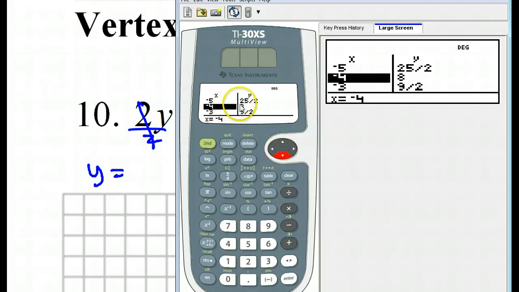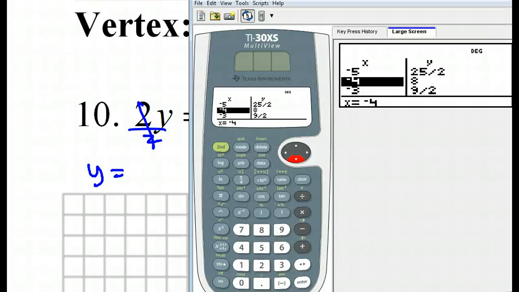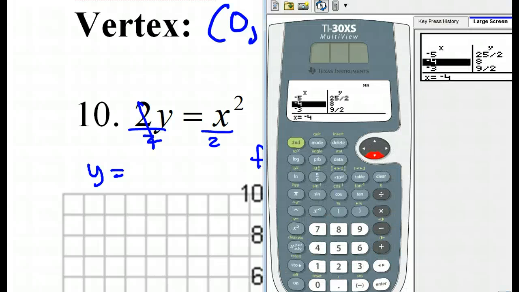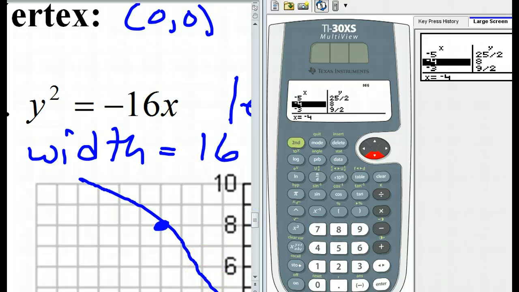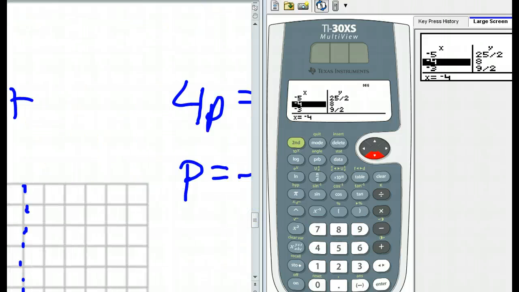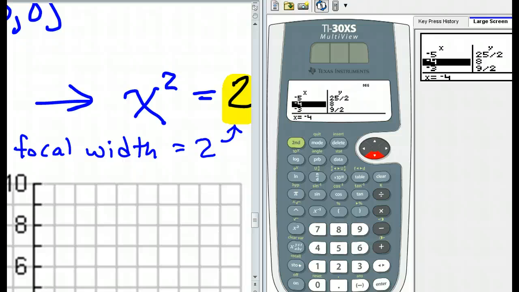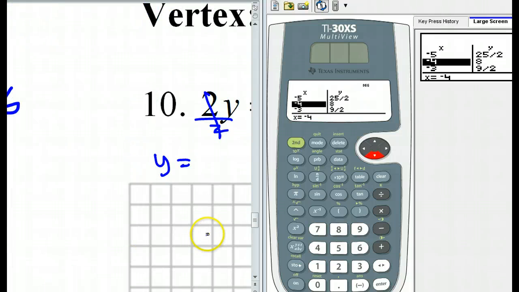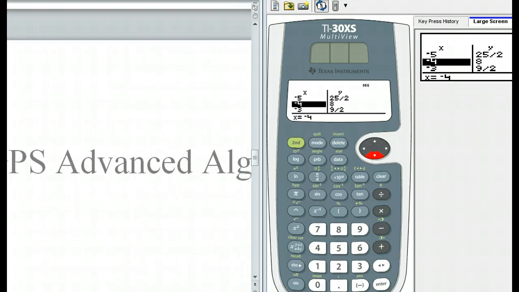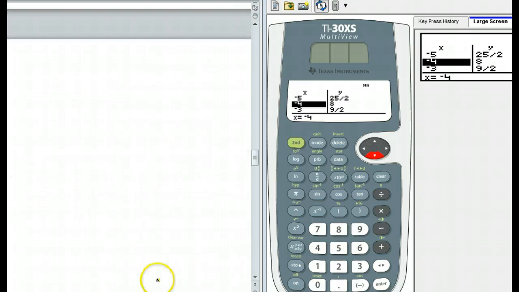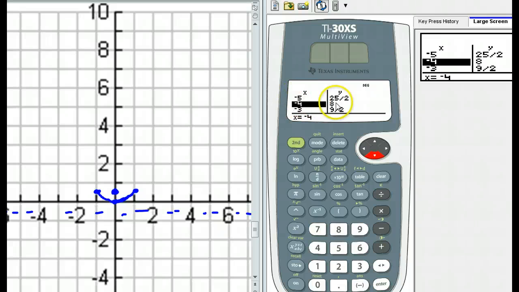So at -4, I'm at 8. Let me see what I can do here. Okay, so at -4, we're at 8. So it'd be right there.